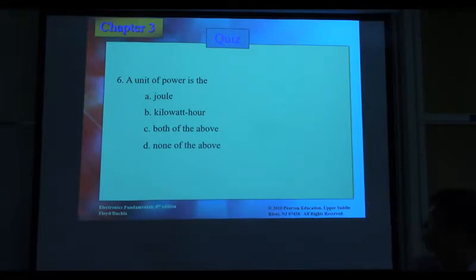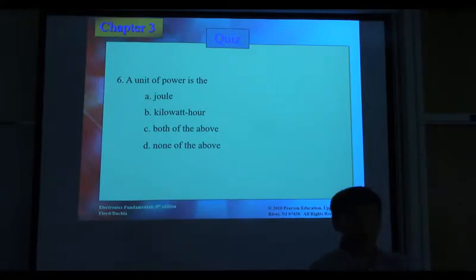So kilowatt hour is what you need to pay. That means it is energy. So none of the above. Make sense? So that means B is yes or no? No. Then which one is it? D.